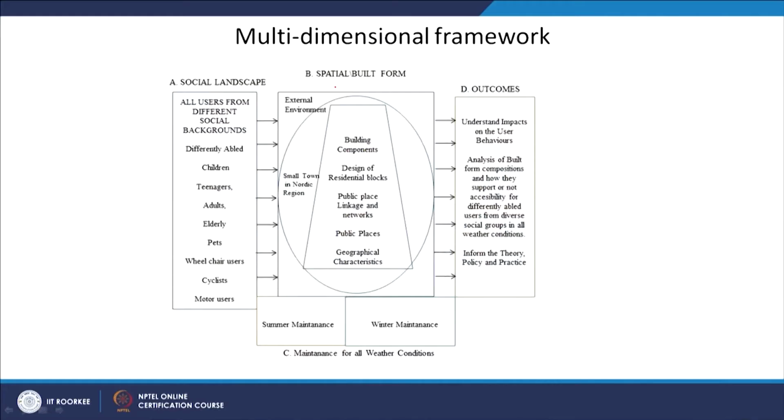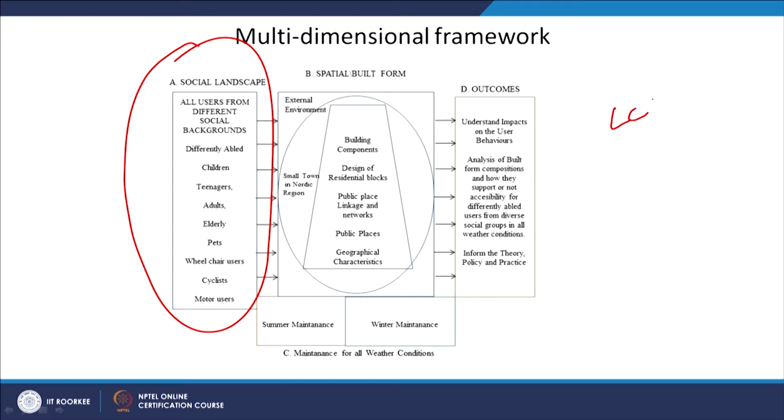And then what we did was we took a small town in the Nordic region. This was actually developed through a thesis by one of our master's students, Lucille Balanjat, where she looked at culturally adaptable spaces for all.